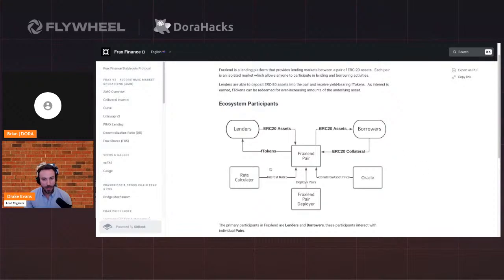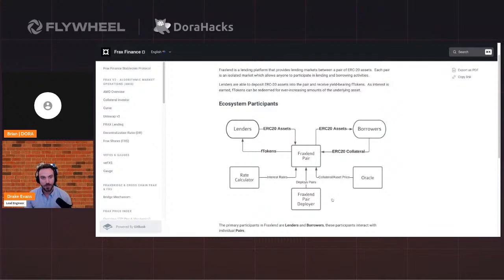Then we have the rate calculator. This contract is responsible for the calculation of interest rates. And then we have the deployer, which does the actual deployments. In V2 of FraxLend, the deployers are ephemeral and changing depending on the needs of individual pairs.